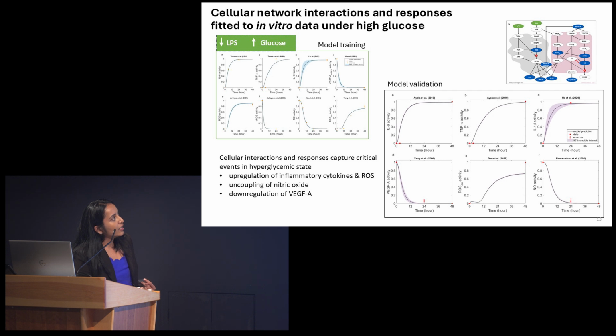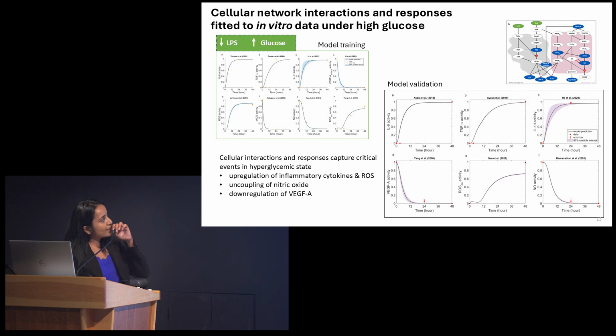In this case, the protein activities are normalized values between 0 and 1, where a normalized value of 0 represents the protein concentration at baseline, and a value of 1 represents maximum upregulation or activation of that protein.